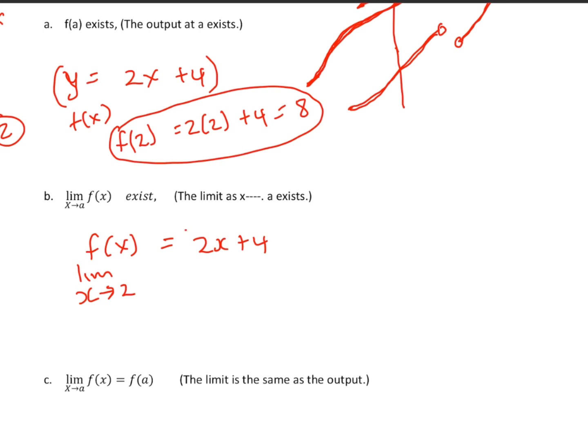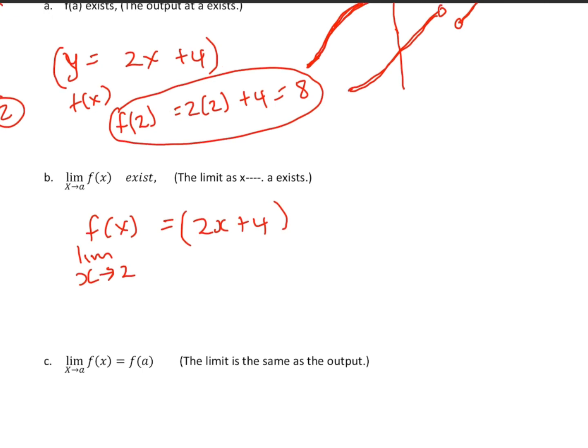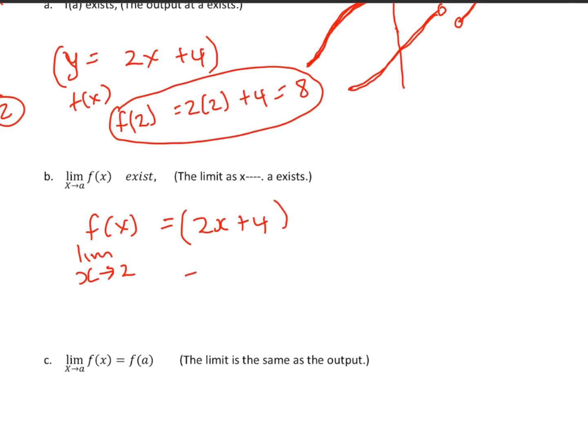But in this case it's a simple function, so we can do a simple algebraic substitution, finding the normal limit. Doing that substitution, you get 2 times 2 plus 4, which gives us 8. So the limit of the function as x approaches a also exists.